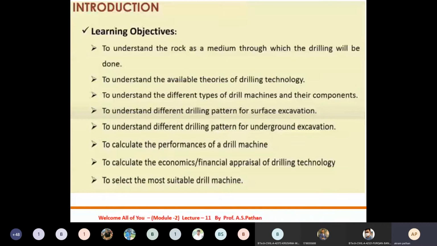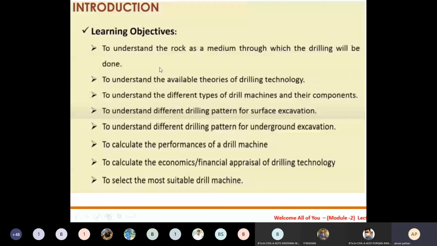To supply that oil also, we can use an underground tunnel in foreign countries like Iraq, Iran, Baghdad, Kuwait. There is an underground tunnel for supplying the oil from the oil mine up to the factory. So we require drilling and blasting technology.